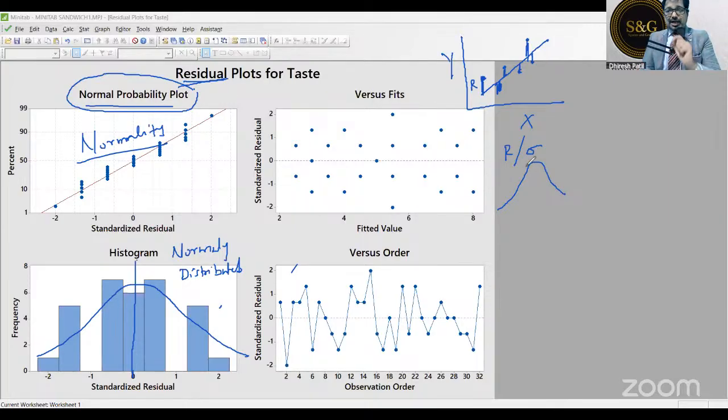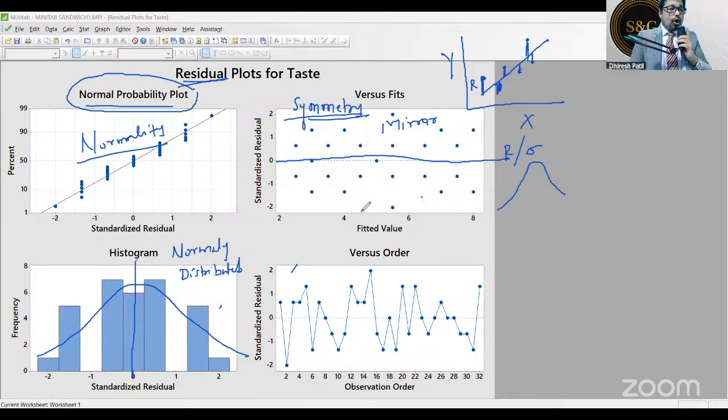So, in the first one, the versus fits graph, you have to see the symmetry. If there is symmetry between these two parts around the 0 line, a kind of mirror image, then you are on the right track.